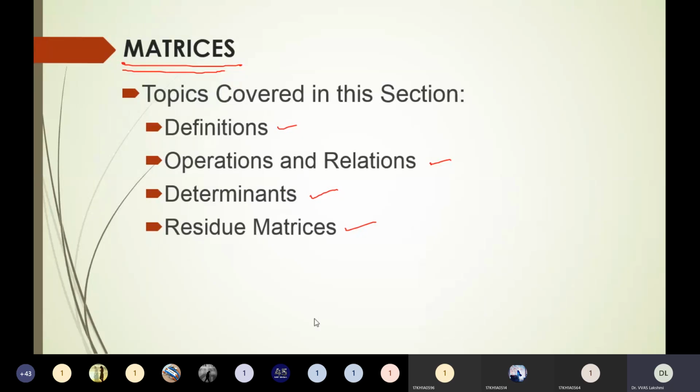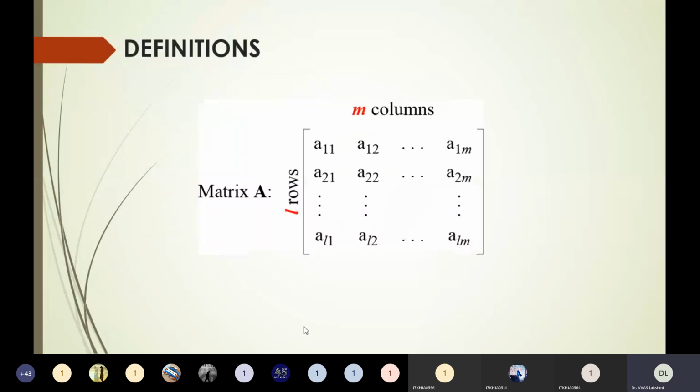So this is the first one. Here this is the matrix, and this is the name of the matrix. This matrix contains a number of rows and a number of columns. Here the matrix contains L rows and M columns. The first index is the row number and the second is the column number.